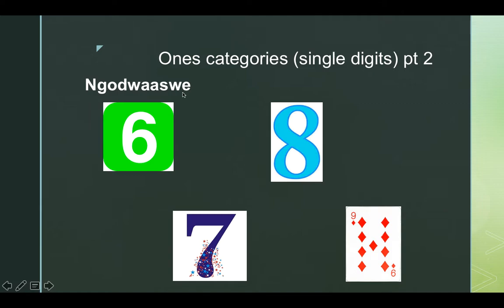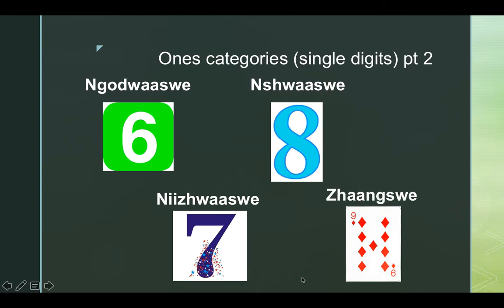Number 7 is Nijwaswe. 8 is Nshwaswe. And 9 is Zhongswe.